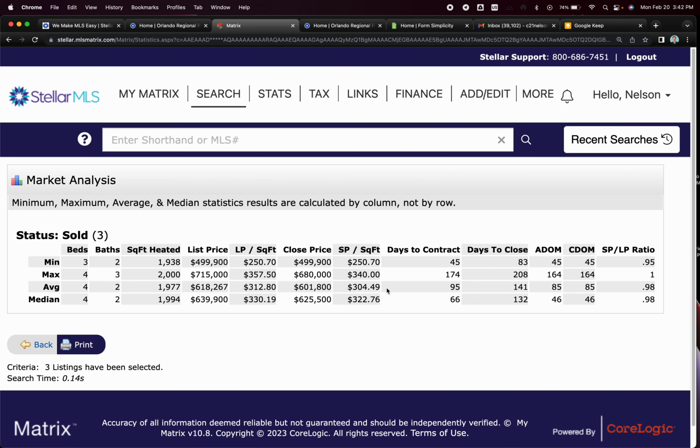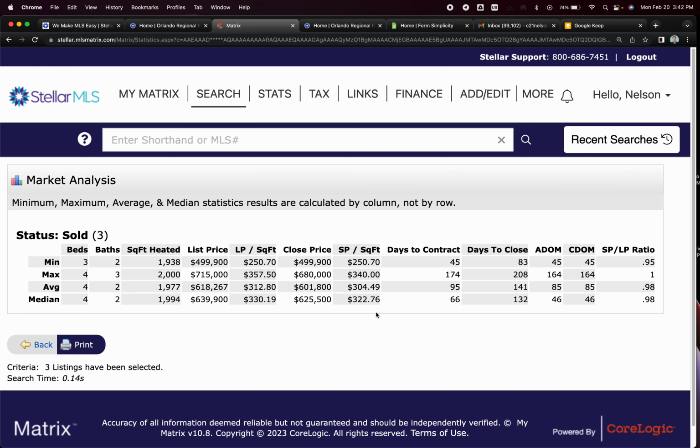Hang on a second. What is 304 times 1999? The answer is 607,000, it's telling me. $607,000 would be what my home would be worth right now, because that's the average price.